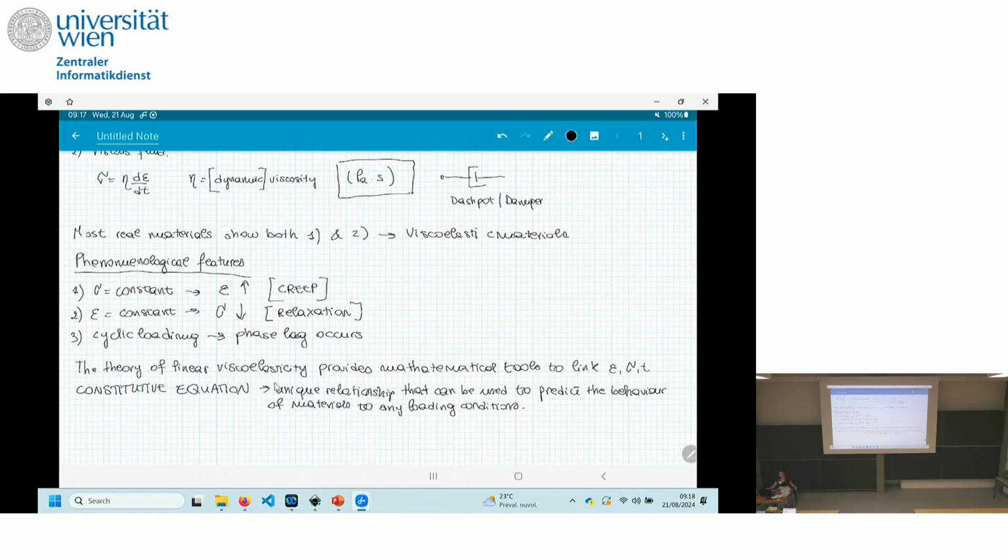Because what most people do is they perform one of these three tests. They fit a model, and that's it. But what you've done, you've just fitted the model. You haven't proved that that's a constitutive equation, that that equation actually describes how your material behaves. In order to prove that, you need to perform another test.